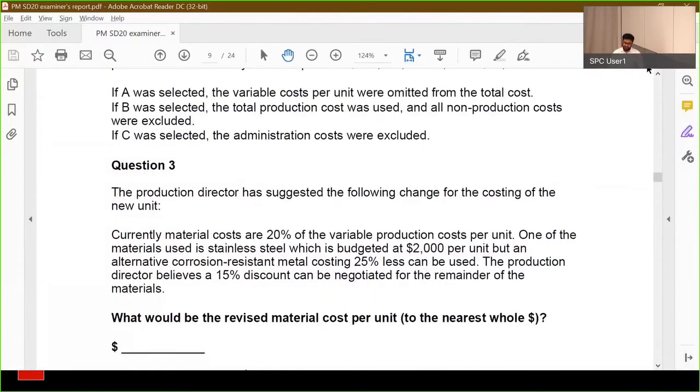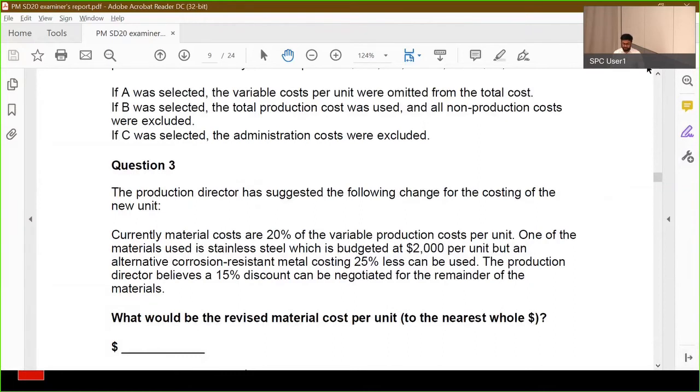So let's look at the remaining 3 questions from the same case study. We have here question number 3. The production director has suggested the following change for the costing of the new product. Currently, material costs are 20% of the variable production costs per unit.